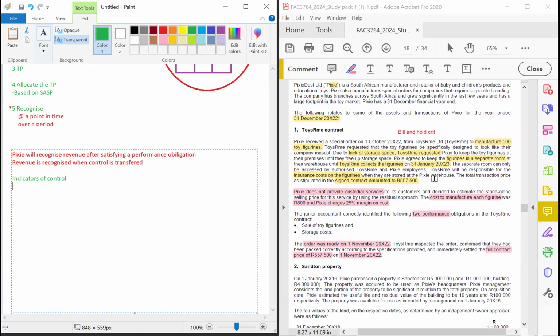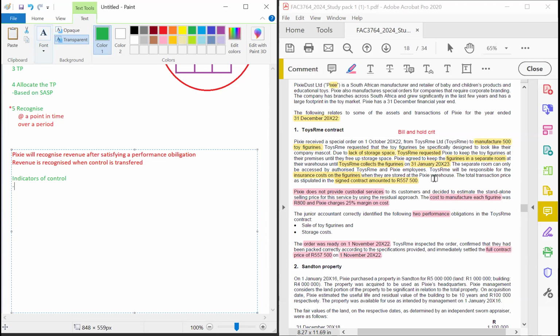It is when control will be transferred. Because what is this sentence stating? Treasury is responsible for the obligations for the security of these toys. Insurance costs are incurred by Treasury, meaning that this is when control is going to pass, right?